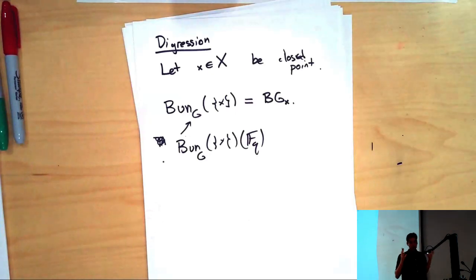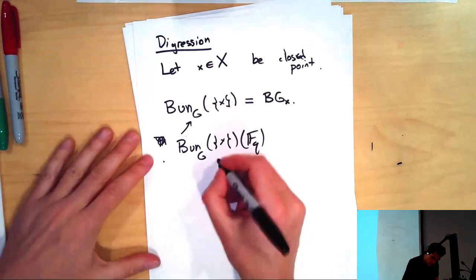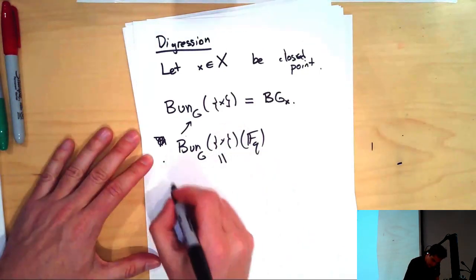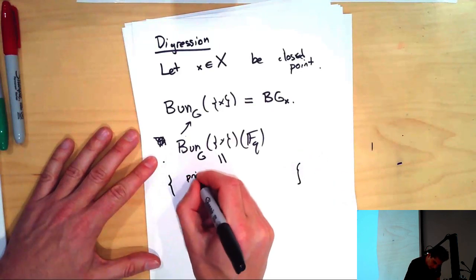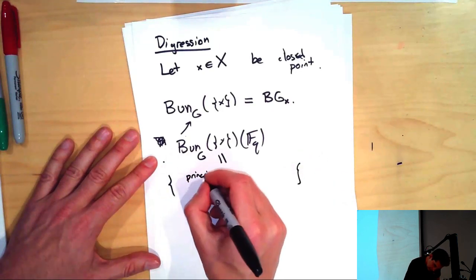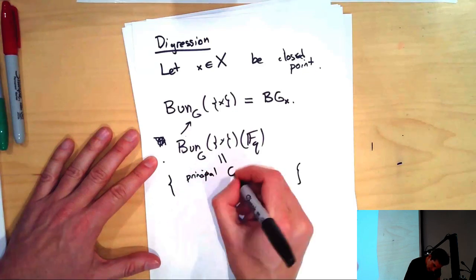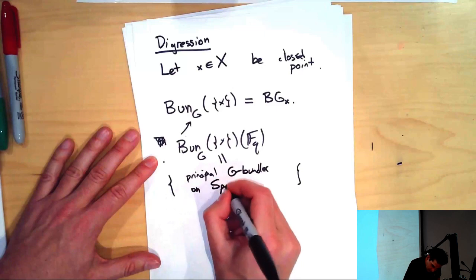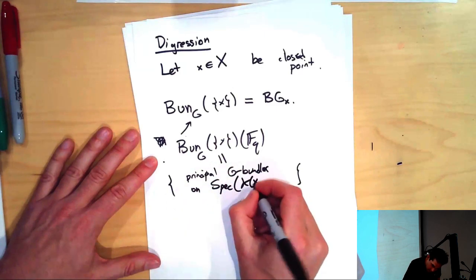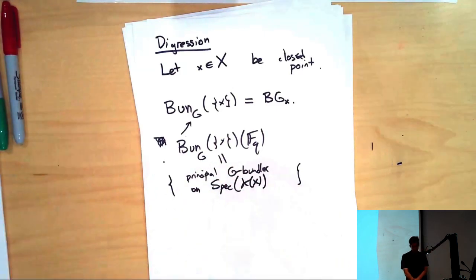In other words, we were interested in counting the number of G bundles not defined on the entire curve, but just defined at that one point. This is the category of principal G bundles on just the affine scheme, which is the spectrum of the finite field kappa x.